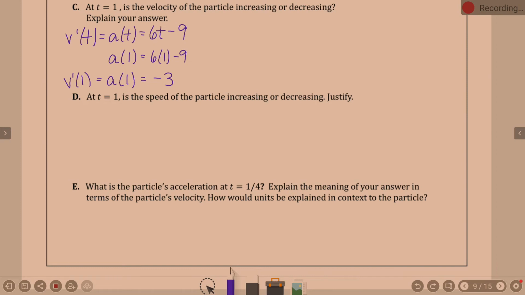And so what is my velocity doing here? It is decreasing because that value is negative. So the velocity at t equals 1 is decreasing since a of t is less than 0.